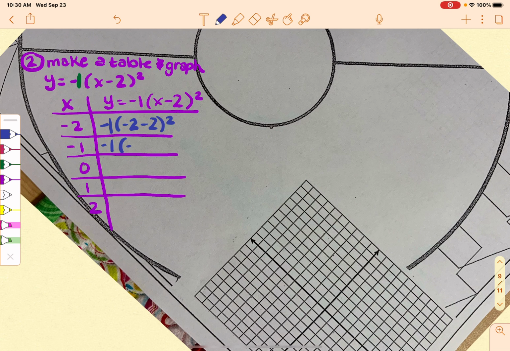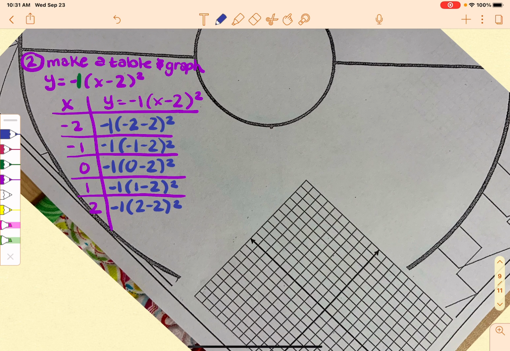Negative 1, negative 1 minus 2 squared. Negative 1, 0 minus 2 squared. Negative 1, 1 minus 2 squared. Negative 1, 2 minus 2 squared.